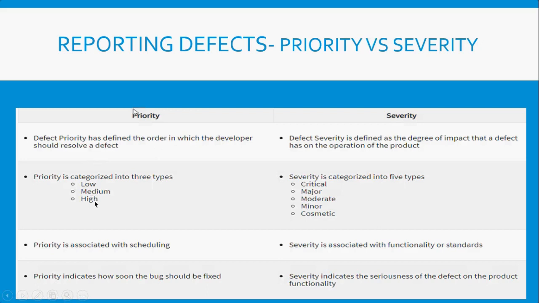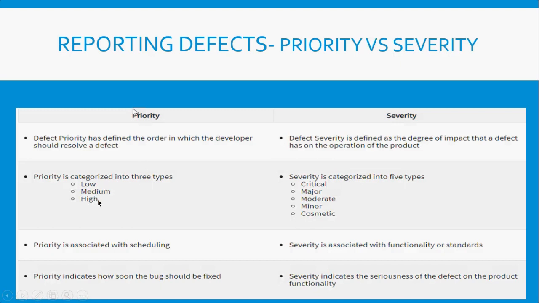We have low, medium, and high priority, and it is basically associated with scheduling. It's just about scheduling. How soon should the defects be rectified or prioritized for remedy and all that.